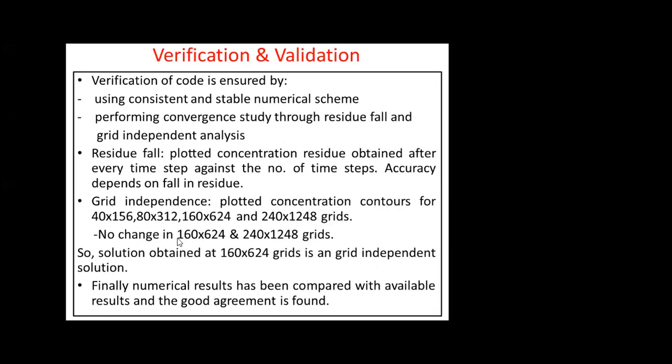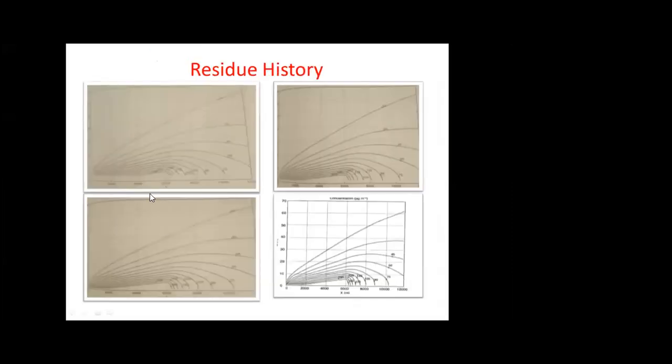That is, there is no much change between 160 by 624 and 240 by 1248. And there is no point in going for this because there is no drastic change from here to here. So therefore, I will consider this as the grid independent solution. So that's what I show here. You see, for the first and second, there are some major changes, but from the third and fourth, there is no major change.